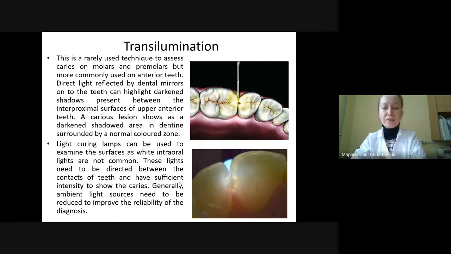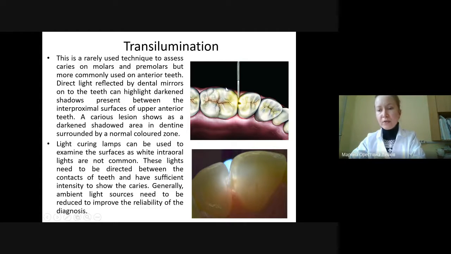A caries lesion shows as the darkened shadowed area in dentine surrounded by a normal colored zone. Light curing lamps can be used to examine the surface as white intraoral lights are not common. These lights need to be directed between the contacts of teeth and have sufficient intensity to show the caries. Generally, ambient light sources need to be reduced to improve the reliability of the diagnosis.